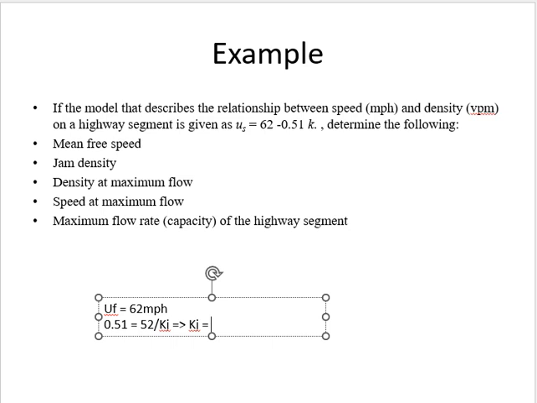So dQ upon dK, it will be 62 minus 0.151 into 2k equals 0. Slope equals 0, right? So what is k now?